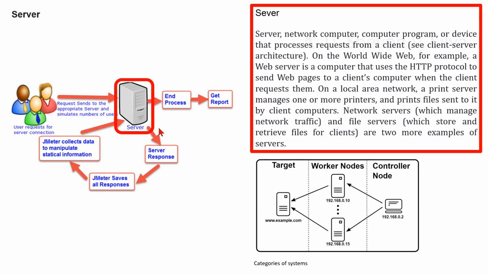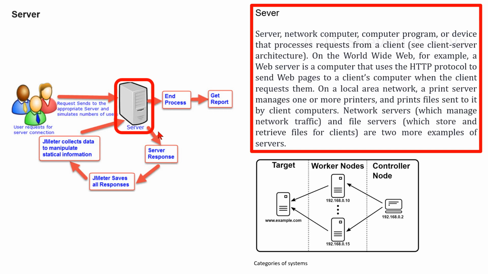Now we are focusing on the server: a network computer program or device that processes requests from a client. You can also refer to client-server architecture. In the World Wide Web, for example, a web server is a computer that uses the HTTP protocol to send web pages to a client's computer when the client requests them.